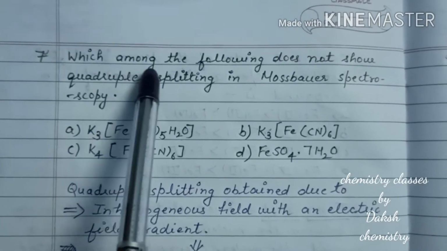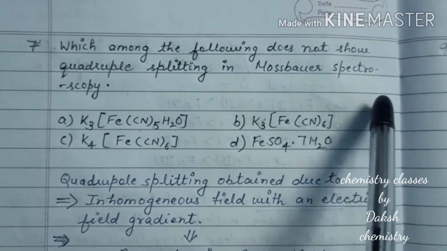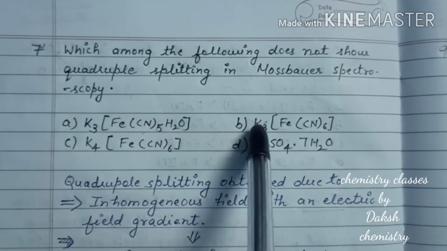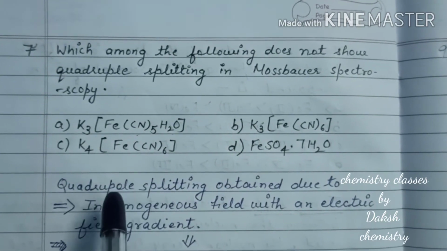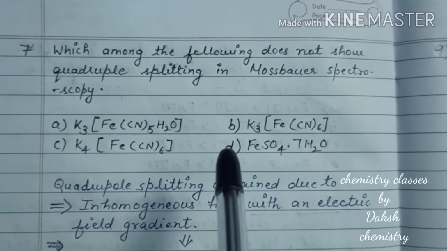Next question, which among the following does not show quadrupole splitting in Mossbauer spectroscopy? So observe these 4 molecules. Firstly, we will discuss quadrupole splitting. Why does quadrupole splitting occur?